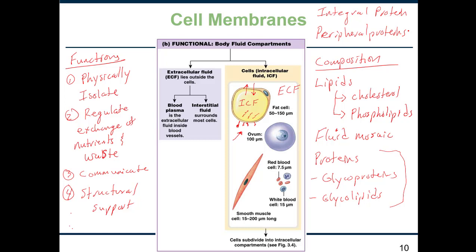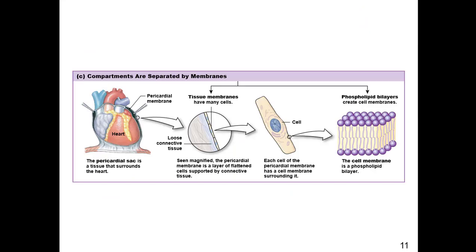All right. Now let's take a look at the structure of the phospholipid membrane. This drawing right here actually shows a pretty good representation of what the phospholipid membrane looks like. And what I recommend that you do is draw a picture of one of these. So a phospholipid, in this drawing here, looks like this.